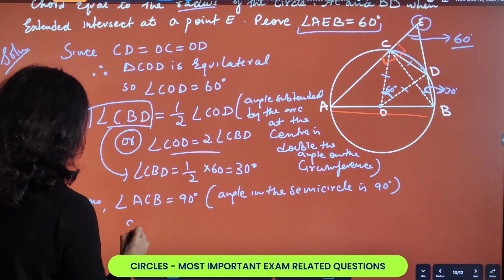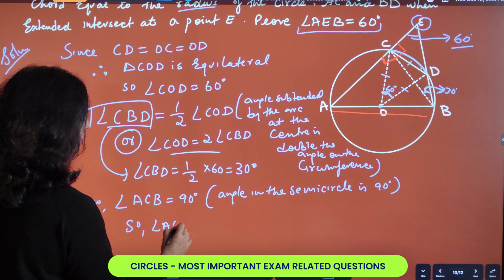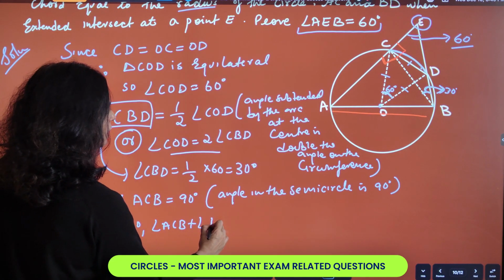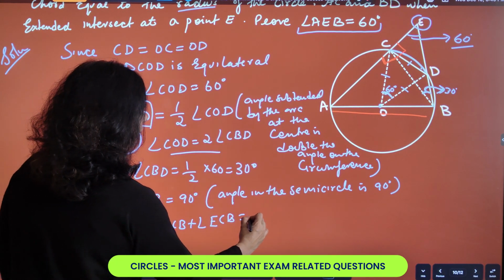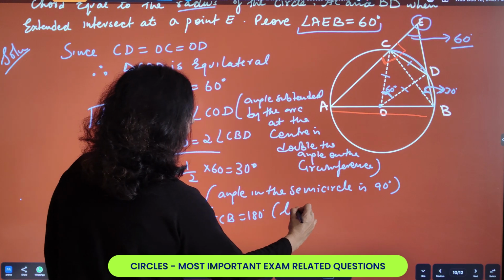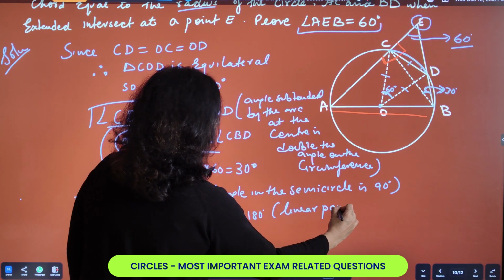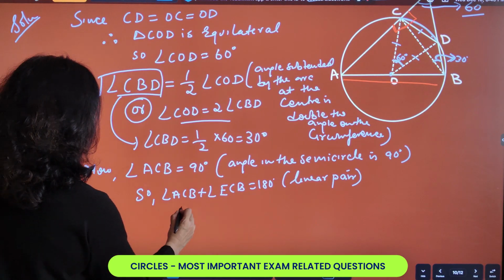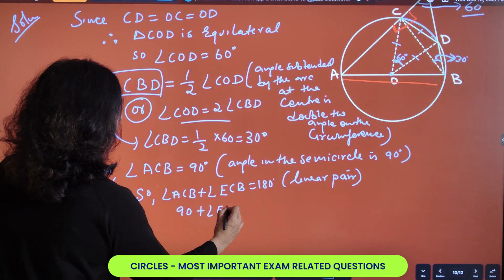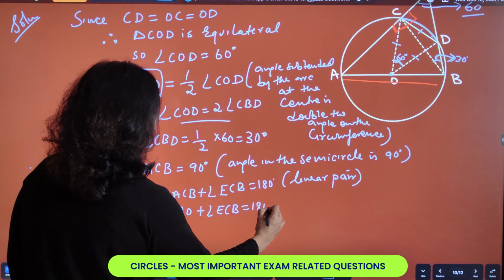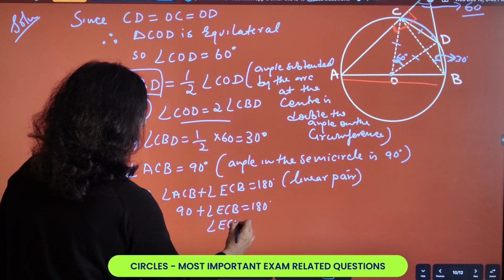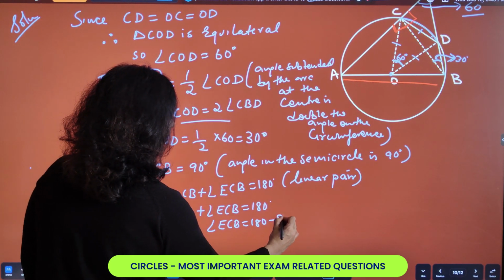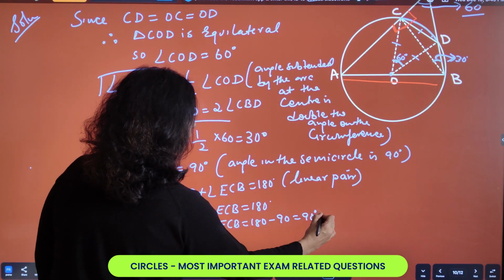Okay, so angle ACB plus angle ECB, if you find, they will be 180 degrees because they form a linear pair. Okay, so angle ACB we have 90, so angle ECB also will be 90 only. 180 minus 90, we will get this also 90 degrees, right?